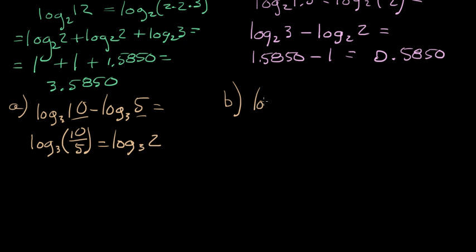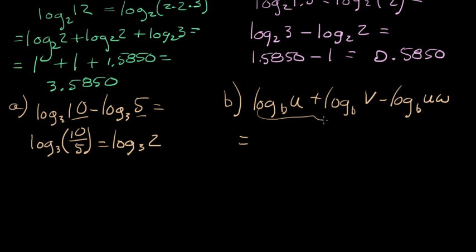Log base b of u plus log base b of v minus log base b of uw. Okay? Well, let's see what all this equals. First of all, I can combine these into log base b of uv, u times v, minus log base b of uw.